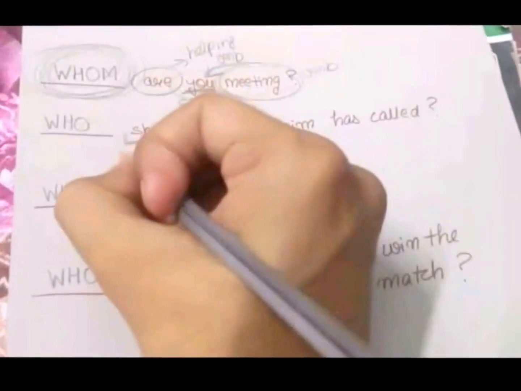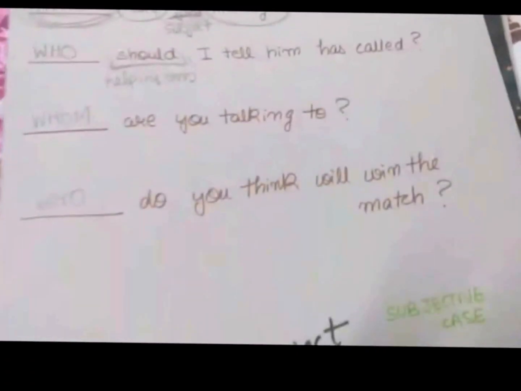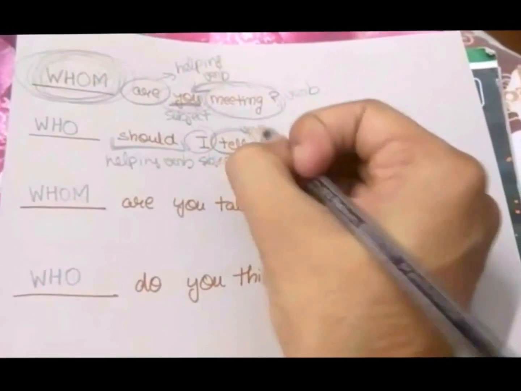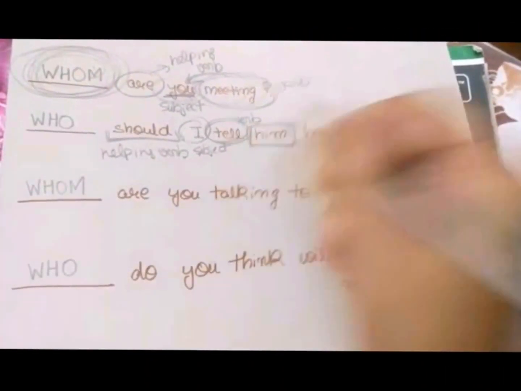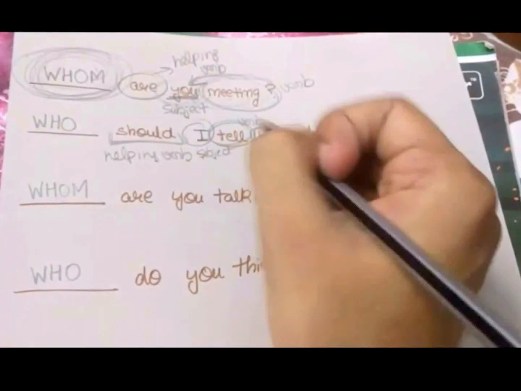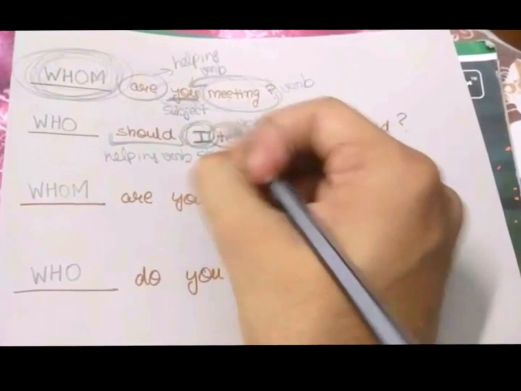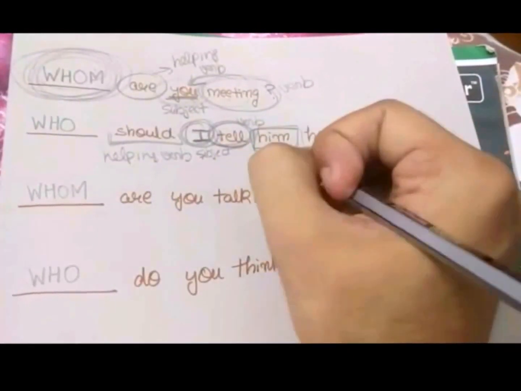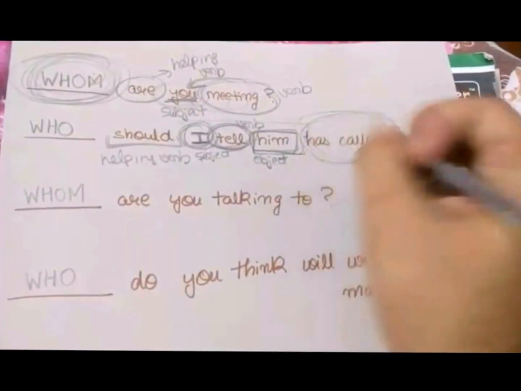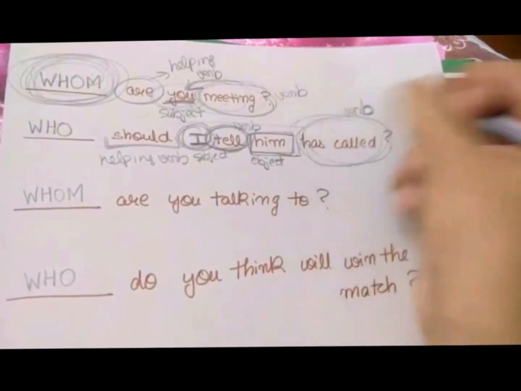So coming to the second sentence, we have should as the helping verb. I is the subject, and the verb for that is tell. Him is the object here. I tell him. So this is the subject I, tell is the verb, him is the object for this subject I, and has called is another verb.